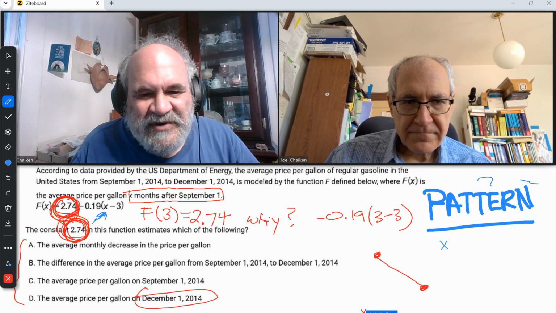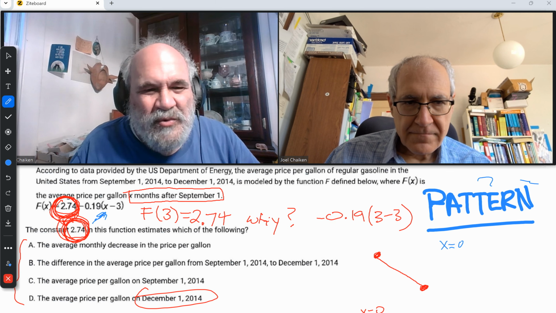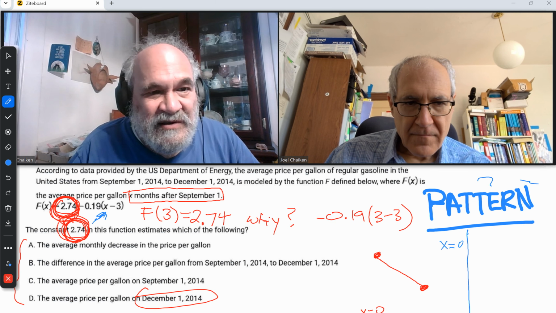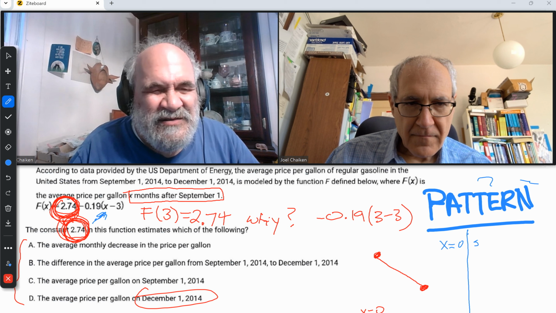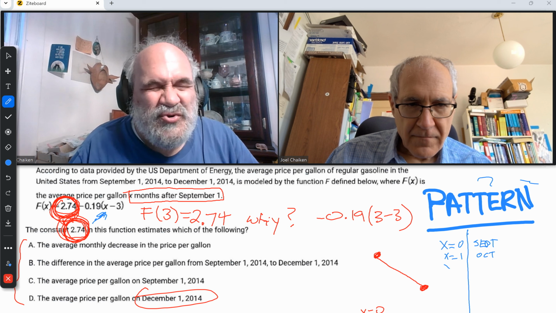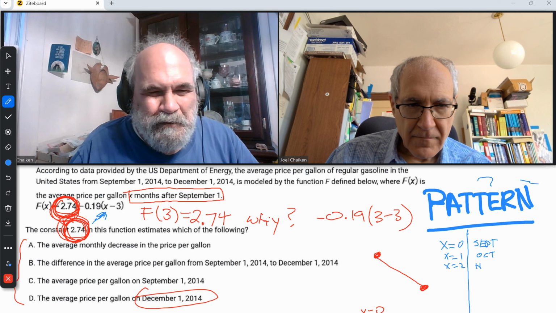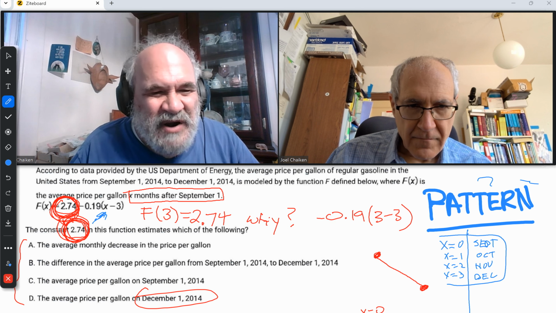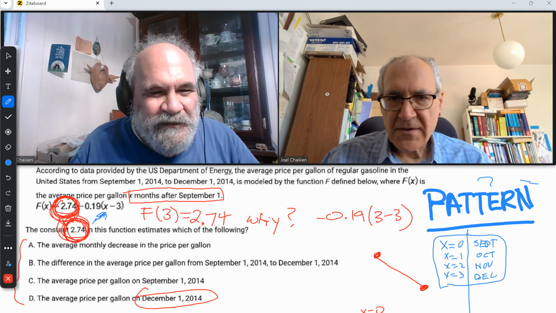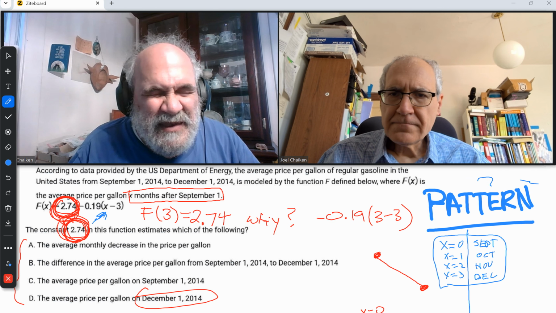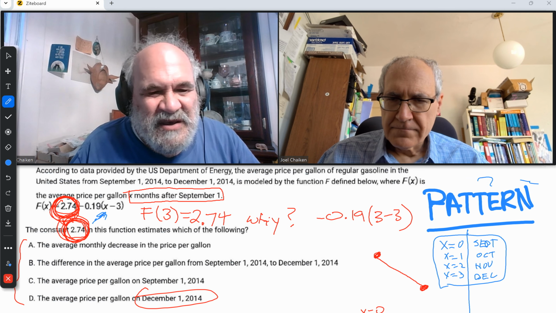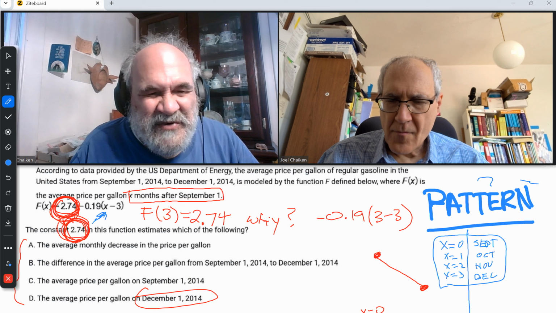Here, when x equals 0, we have the price obtained by subtracting the 0.19 three times, which is the price at the beginning. It's the price at September 1st.